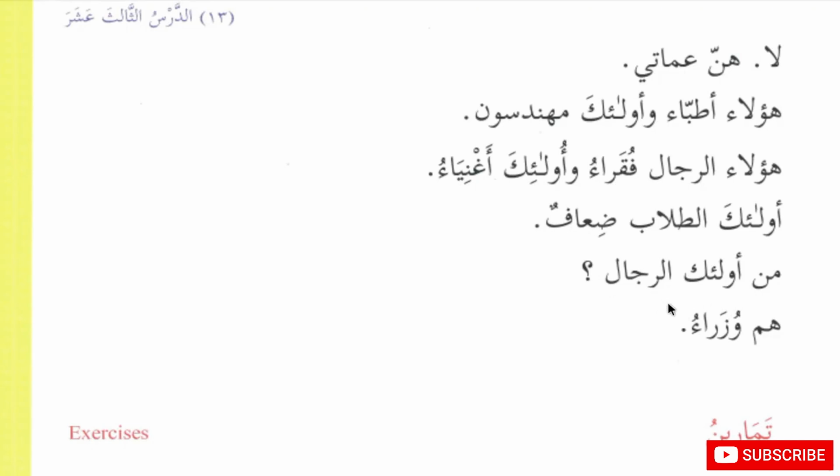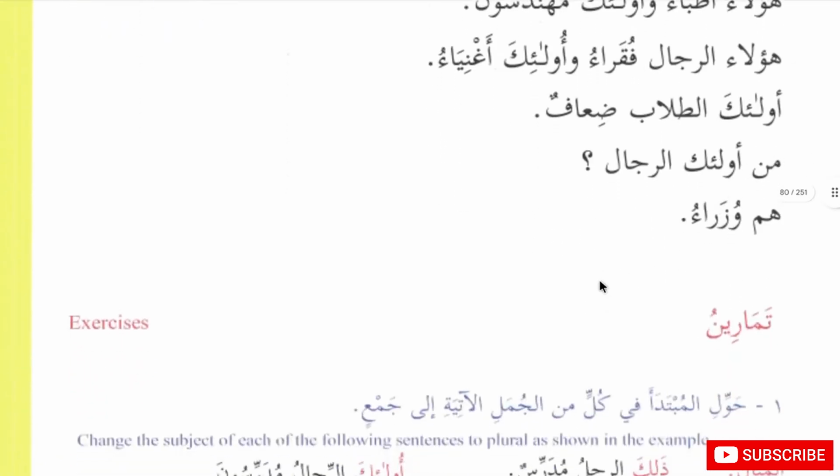من أولئك الرجال؟ Who are those men? هم وزراء. They are ministers. By the way, whether this is min or man, it really depends on context, so you just need to do lots of practice reading and then you will get used to it.